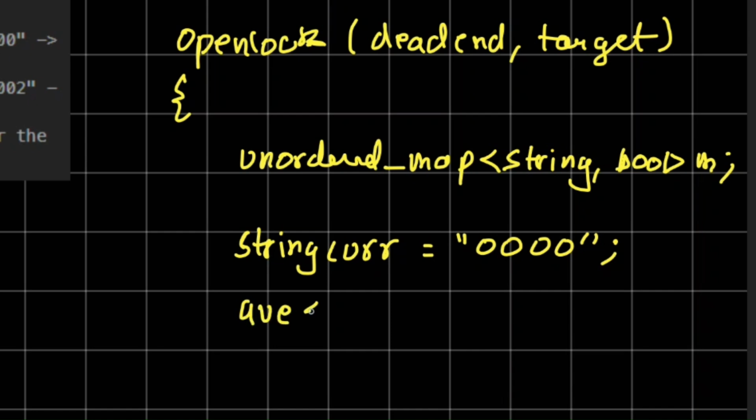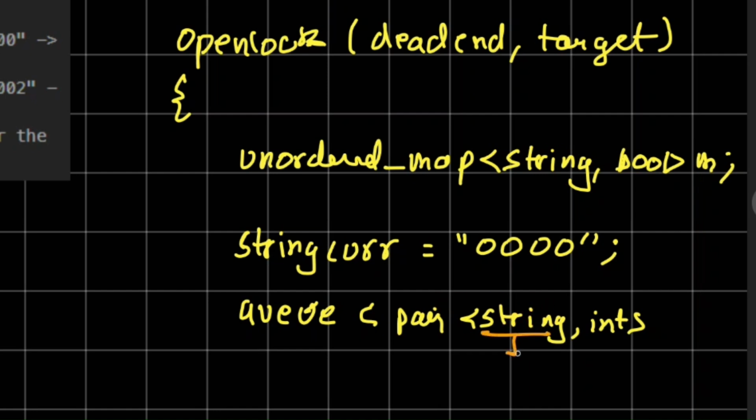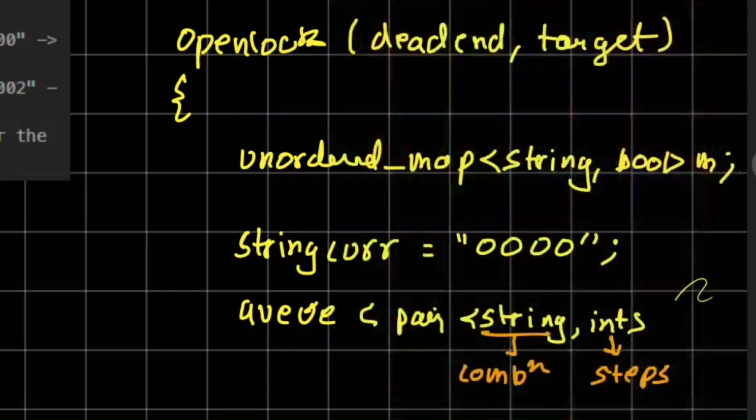So queue, and as discussed in the approach, its type should be pair of string and int, and this string is the combination, and the int represents the level or steps reached to that combination. So let's name the queue as queue only, and now initially we should push our current into the queue.